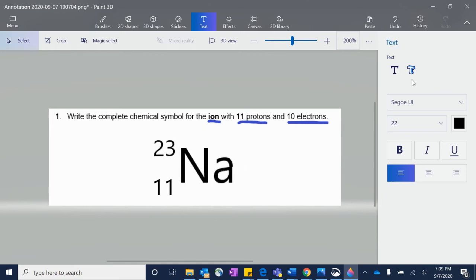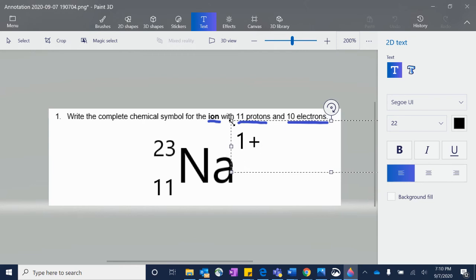The last thing that's new to us is we are going to put the charge in this top right corner. If we have 11 protons and 10 electrons, to find the charge, all we have to do is take our protons, 11, and subtract our electrons. So 11 minus 10 gives us a positive 1.